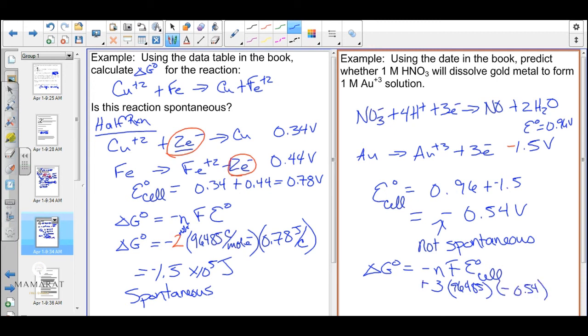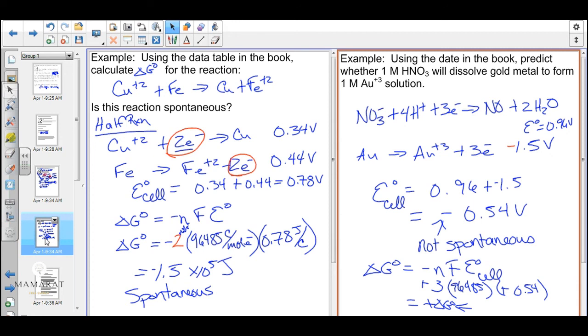These negatives would cancel out, giving us a positive delta G, meaning that it is not spontaneous. So 2 different ways there that you can prove that it's not spontaneous. So that's the gist of section 3, which talks about free energy and how you can relate cell potentials to free energy to prove whether or not a galvanic cell will be a spontaneously occurring reaction or not.